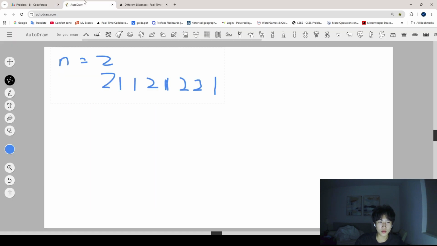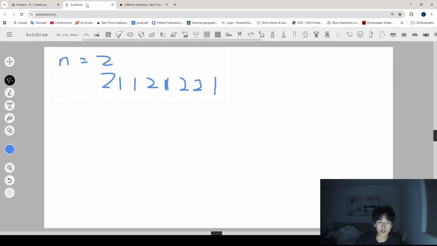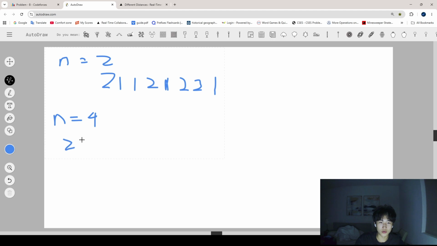And then what I can realize is that the values that I place are kind of separate from each other. So if I had n equals 4, I don't have to mix 1, 2, 3, and 4 together. I could split it into two chunks of n equals 2. So I could have 2, 1, 1, 2, 1, 2, 2, 1.